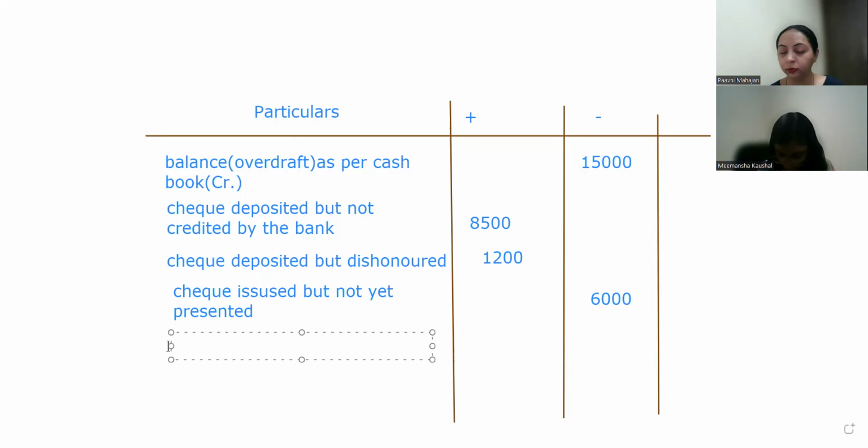Yeah. And then interest on overdraft not recorded in the cash book. So now this interest is being charged. It's a payment. So we'll minus it, right? No. A plus. Where your money is decreasing, you will add it. Where your money is increasing, you will minus it. Oh, okay, okay. Got it.